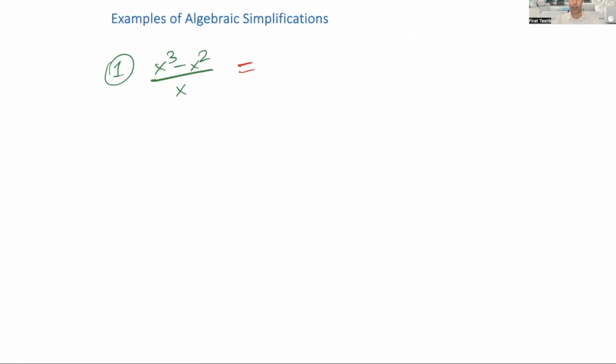Now let's go over some examples of algebraic simplifications. Here, consider that we have the term x cubed minus x squared, divided by x. We can rewrite the numerator considering that we have a common term of x. So we can write the numerator as x multiplied by (x squared minus x).